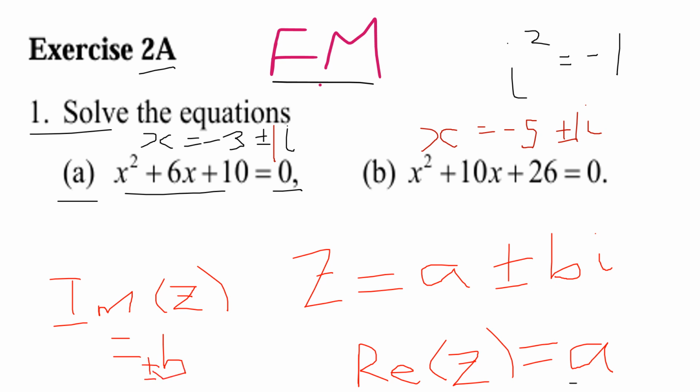Either way, it's going to be fine. The real part is the bit that has no i's or j's, and the imaginary part is the coefficient of i or j, depending on what textbook you use for AS level further maths. But that's how we solve quadratics that give you complex roots for further maths A level.